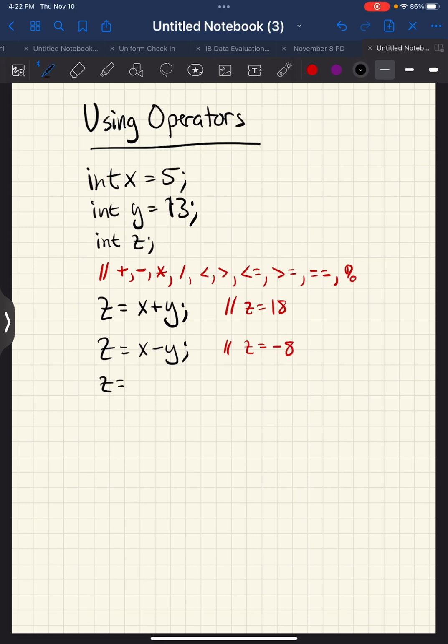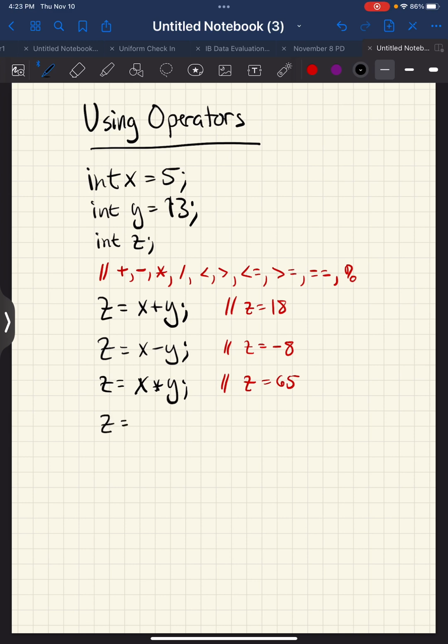If we say z equals x times y, then z is going to be 5 times 13, which is 65.